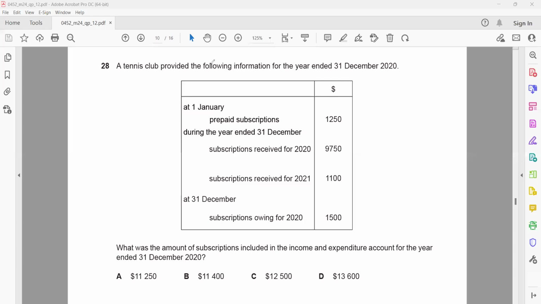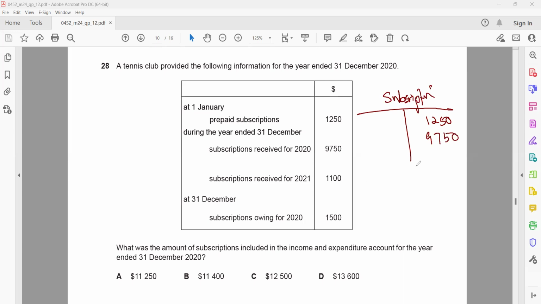A tennis club provides the following information. So what is the question they ask? What was the amount of subscription included in the income and expenditure? Okay, we open a simple subscription account. Prepaid subscription is a liability, so put it under the credit side. During the year, subscription received is also on the credit side, debit bank, credit subscription.